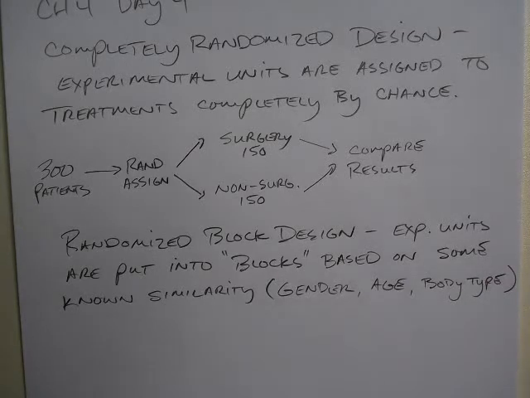You wouldn't be blocked because you're not cars, but you might be blocking cars by sedan versus SUV versus truck or something like that. There's lots of ways to block things, lots of reasons to put things in the same kind of context.